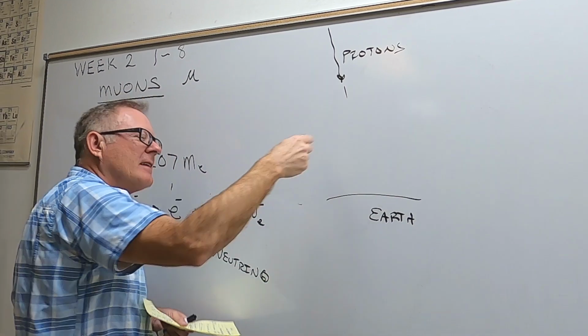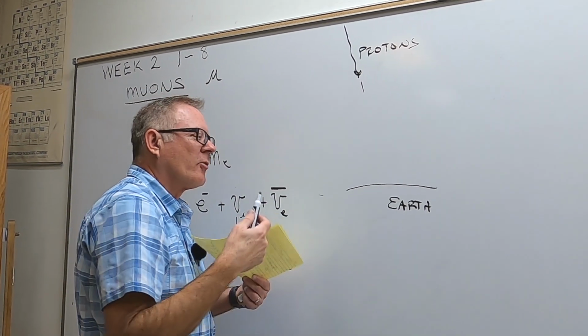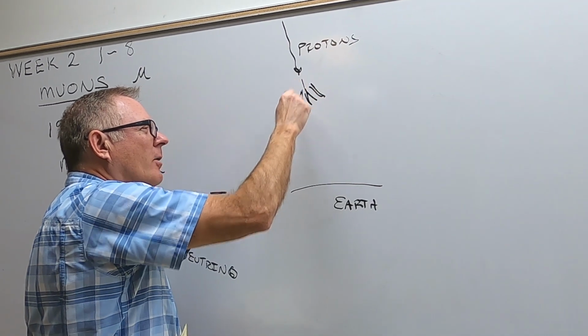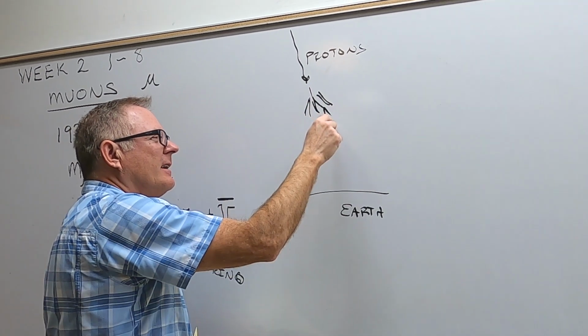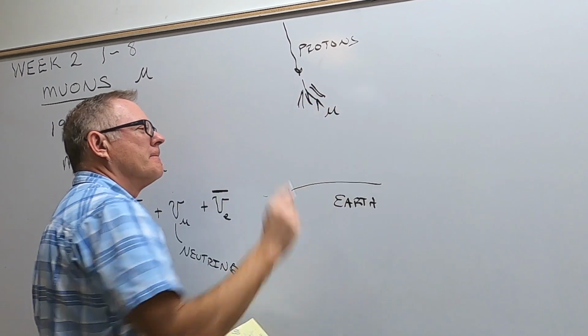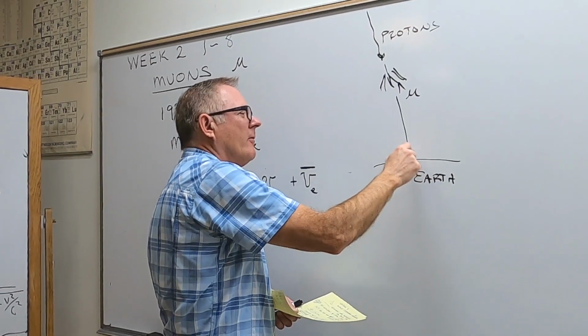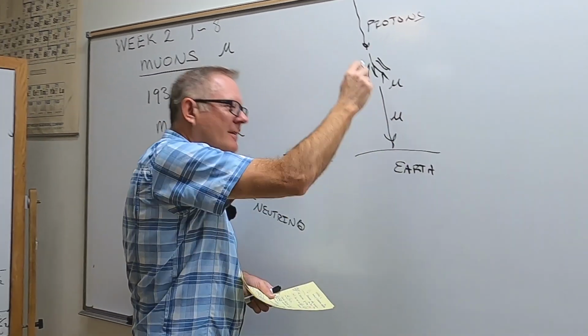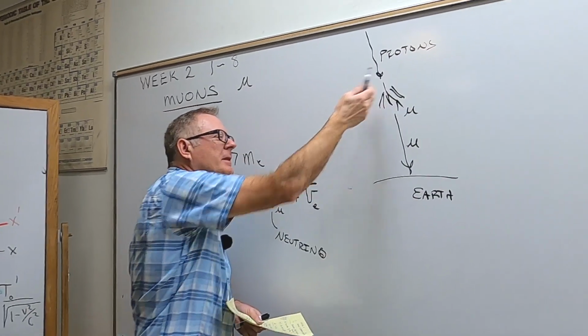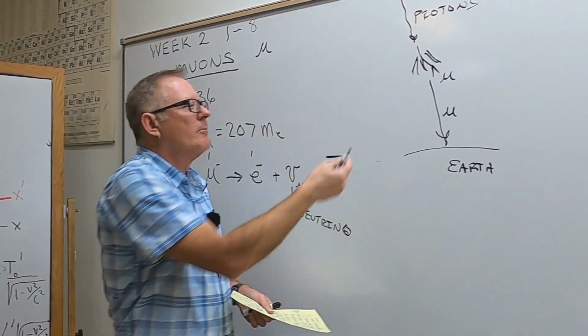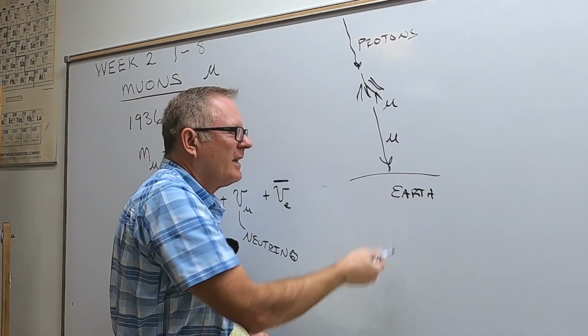They run into atoms and create a shower of particles right here. And one of these particles that is eventually created is the muon. So we've got muons coming down, created up in the upper atmosphere.